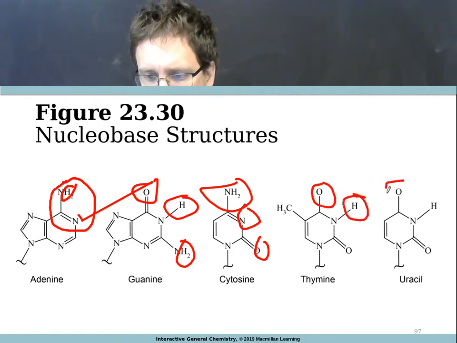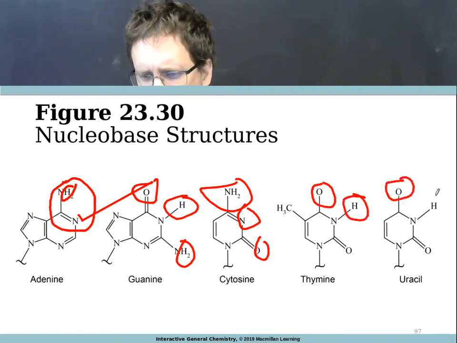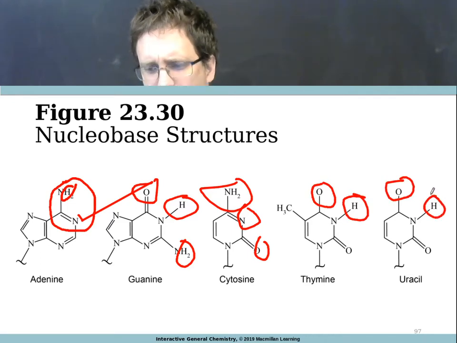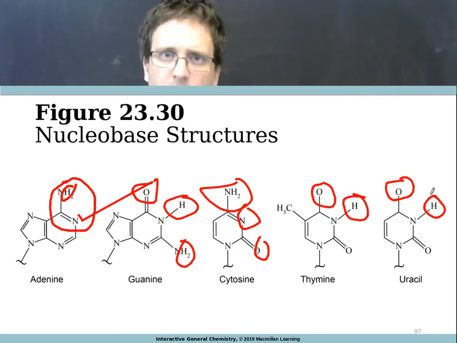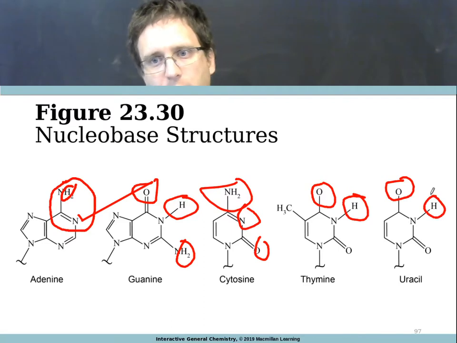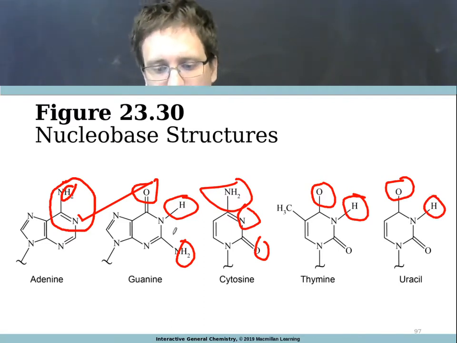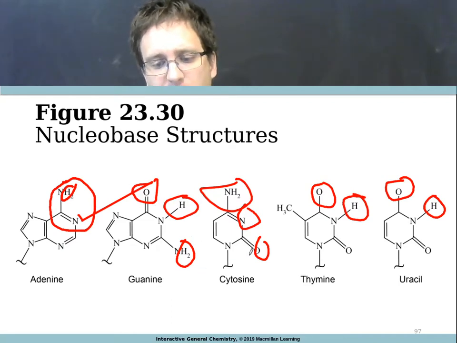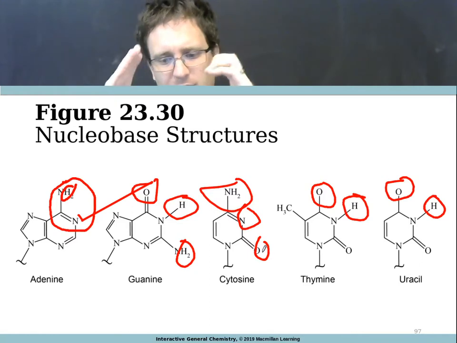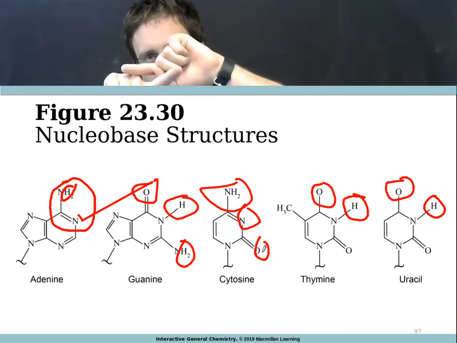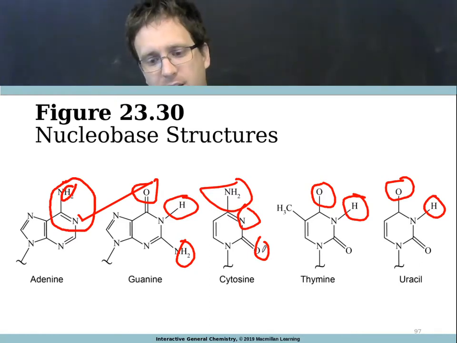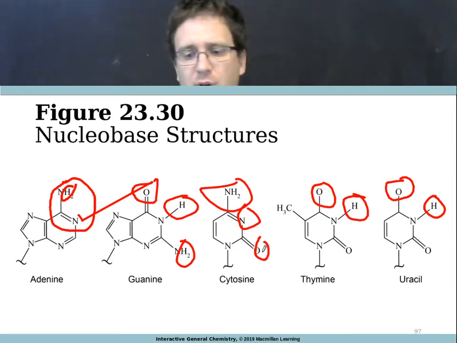and acceptor. When I say that, I mean that the hydrogen bond acceptor is going to have a lone pair on an oxygen or nitrogen. The hydrogen bond donor is going to have a hydrogen bonded to a nitrogen or an oxygen. You see the guanine and the cytosine each have 3 sites, and they're kind of inverted. The guanine is sort of a convex trio of hydrogen bonding sites.